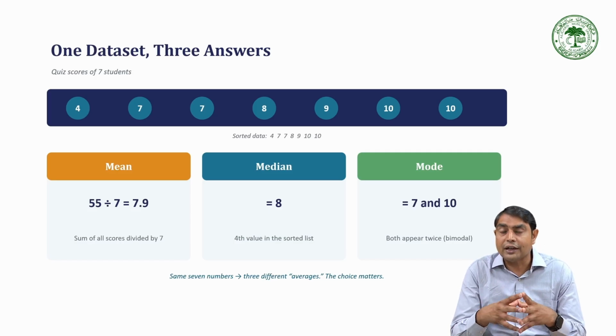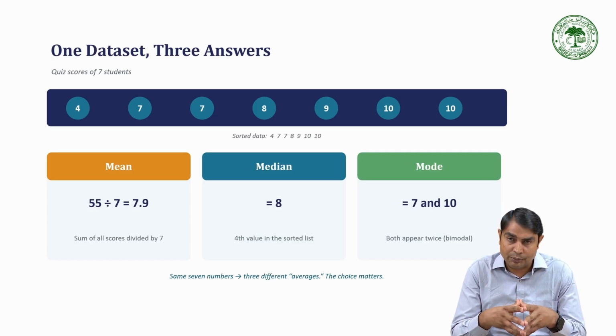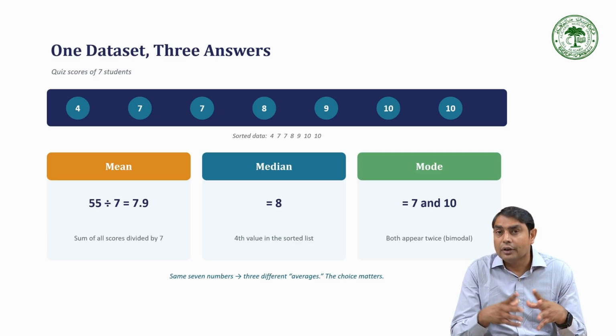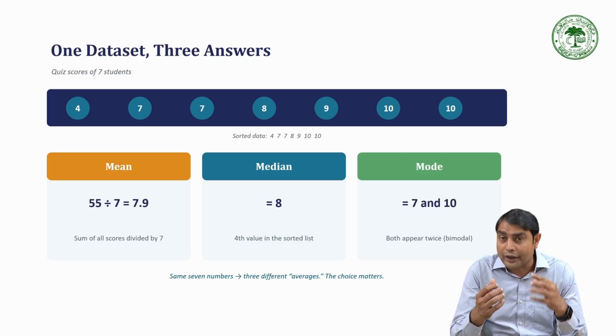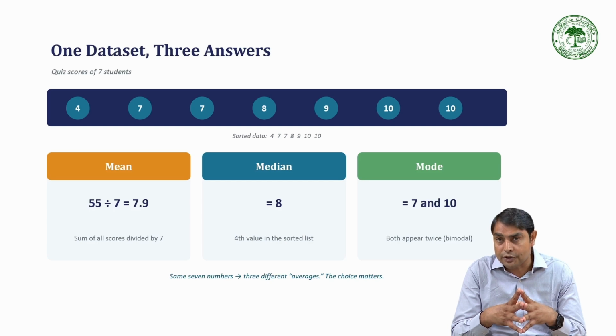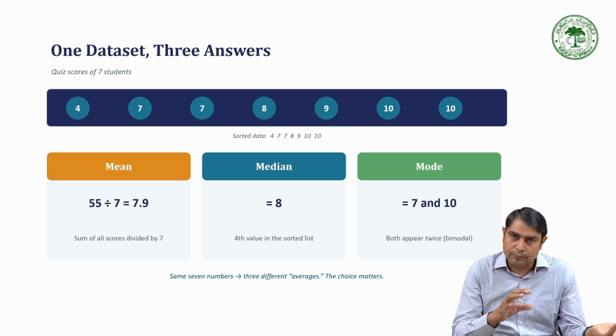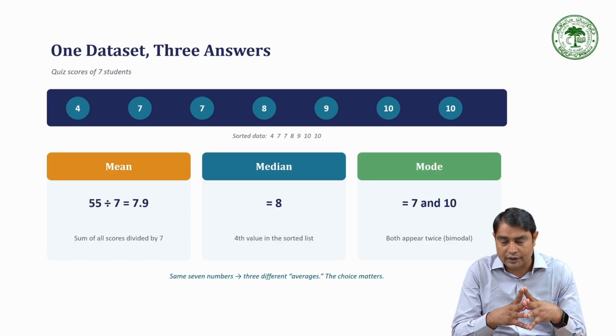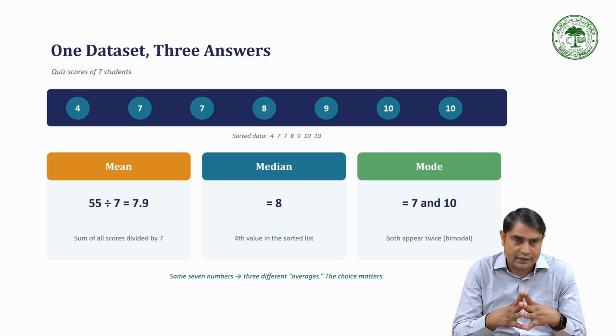But you have to decide according to the data obtained which is the more suitable measure. While deciding, you have to look at the pros and cons of all these three measures of central tendency.